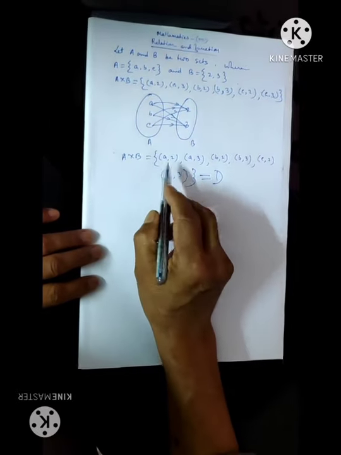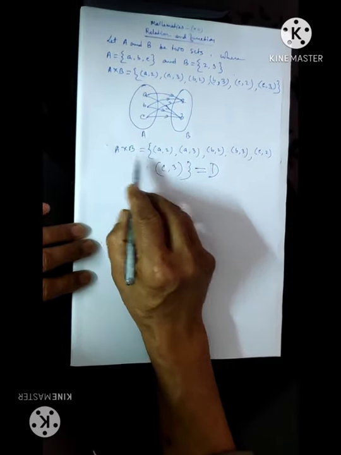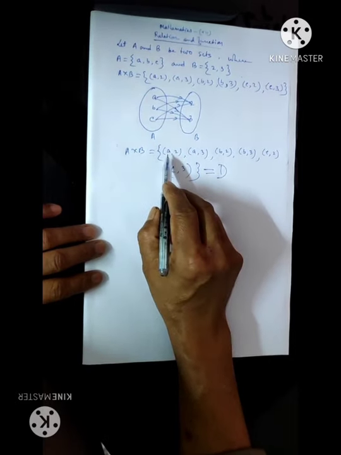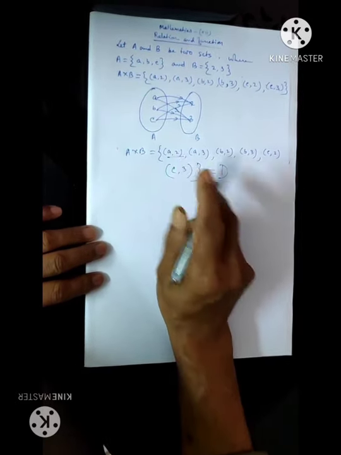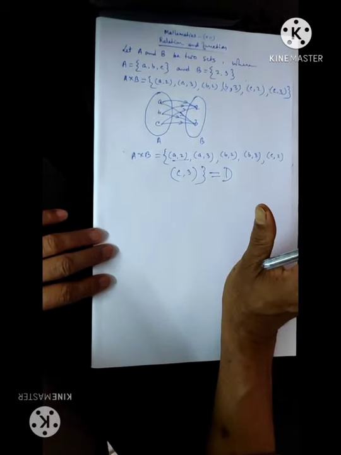Now, every element of this set D can also form a set individually.